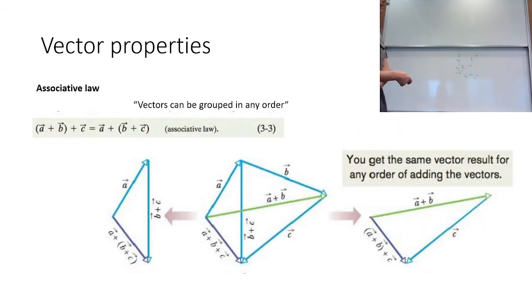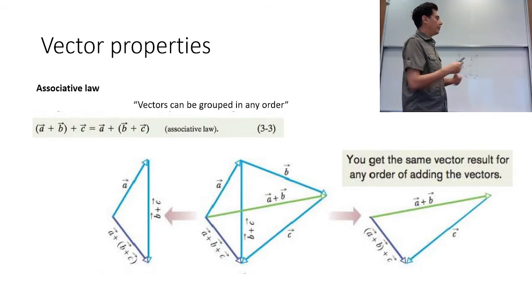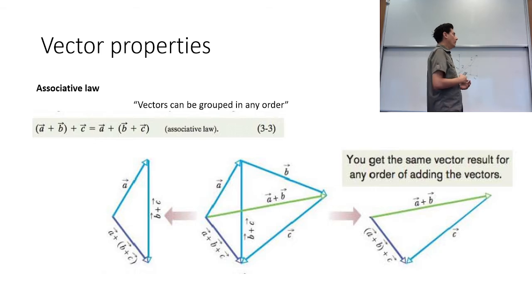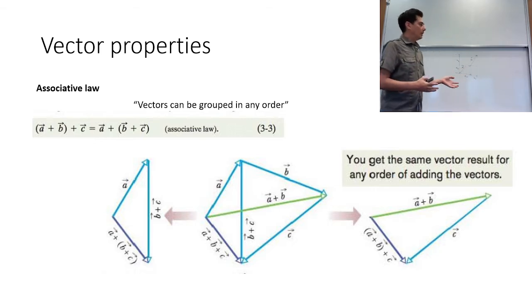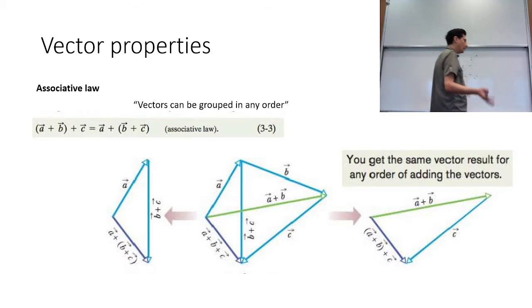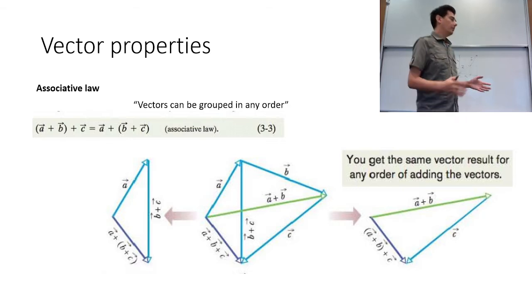Okay, another vector property is a little bit similar, but if we consider three vectors, then it's the so-called associative law. This basically means that you can add the vectors in any order, and it doesn't matter what the final result is.